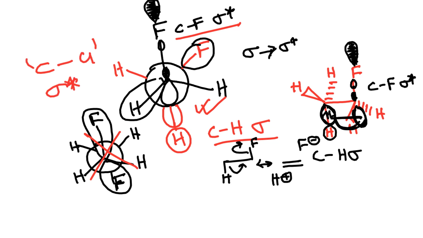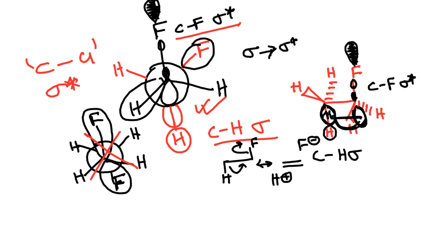The energy of the CF sigma star is relatively lower, and in order to have a proper overlap, the orbitals should be of similar energy.